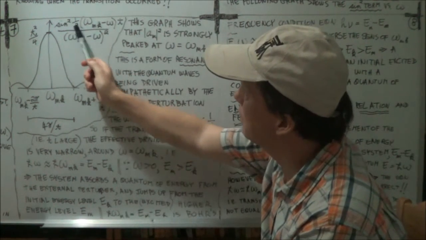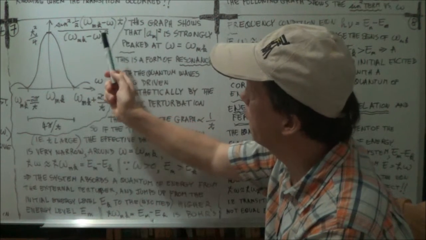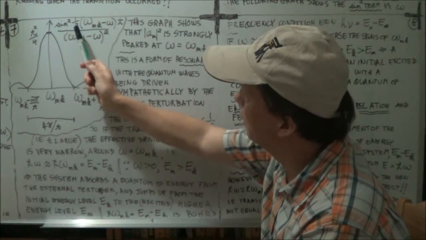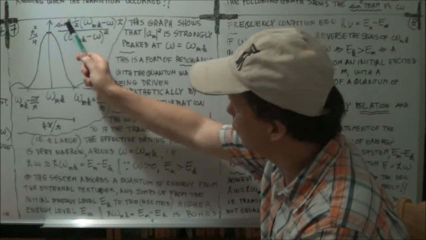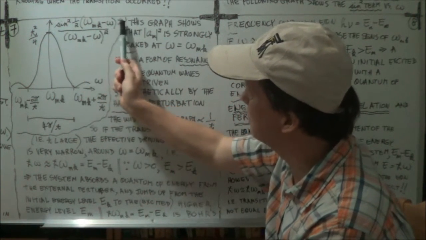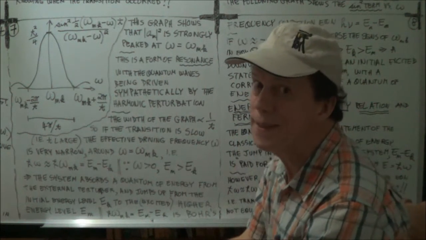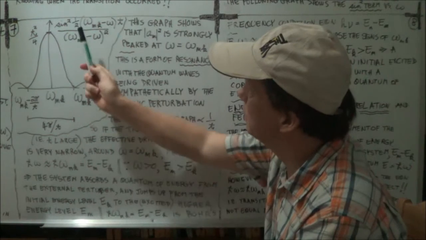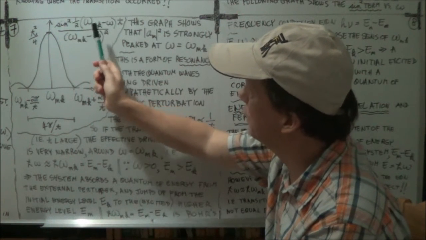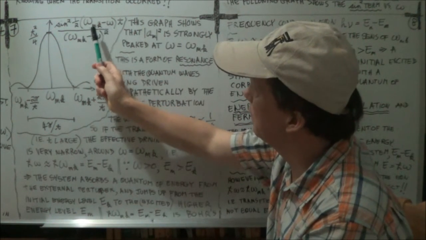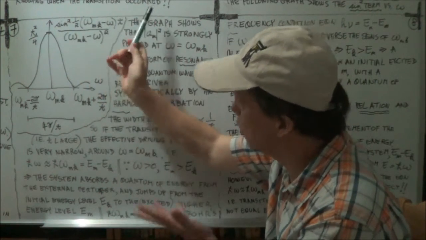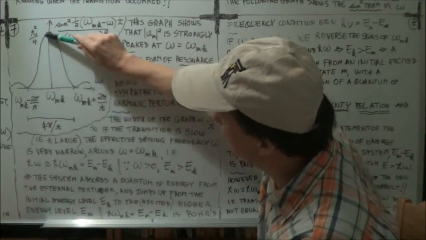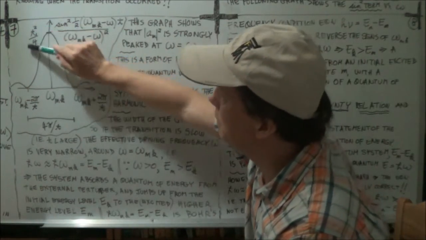So you've got sine squared of a half xt. When x is very small, that's roughly the square of a half xt, and this is just x squared. So you've got a half, the x's cancel, so you've got a half t squared, which is t squared over 4. So this height here is just t squared over 4.